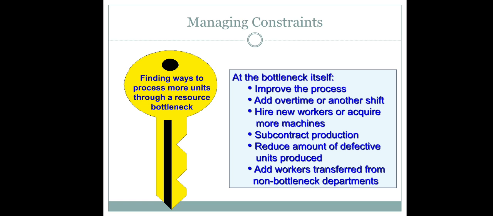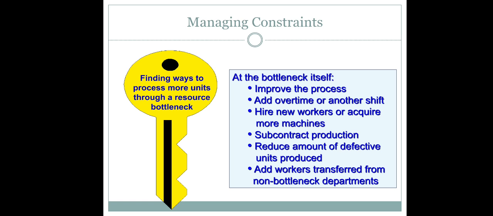Number 5, another way to solve the problem of a constrained resource is to reduce the amount of defective units produced. And number 6, add workers transferred from non-bottleneck departments. Most of the time, in a factory, they have many departments.